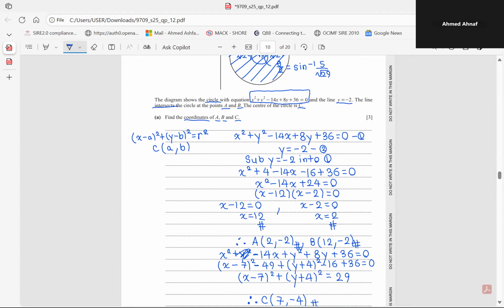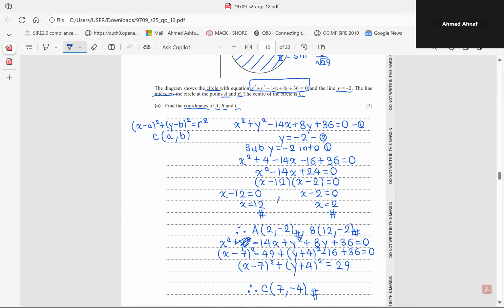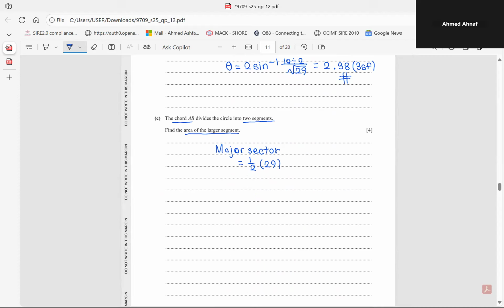So let's write down the exact value, 2 pi minus 2 sine inverse 5 over square root 29. So simplified, let's write the exact form as well: 29 bracket pi minus sine inverse 5 over square root 29. So this is the area of the major sector.